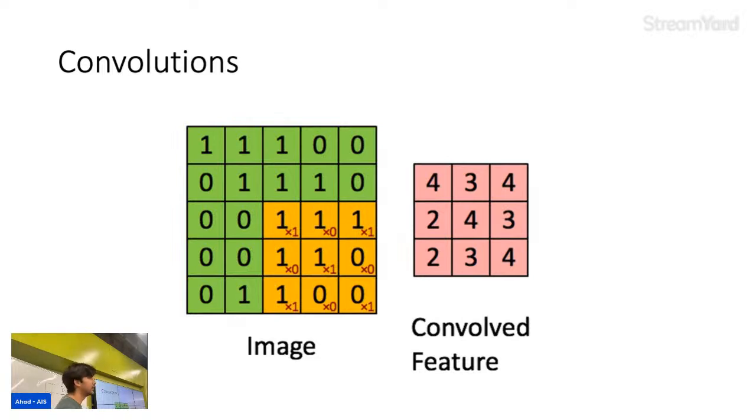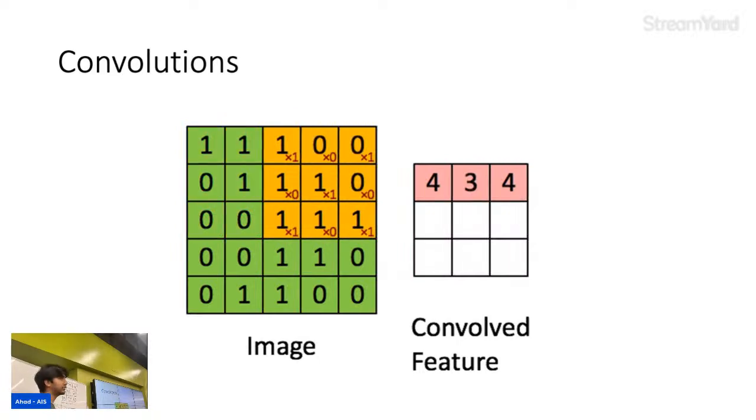Another thing to add on top of that is that we might want to detect more than one feature at a time. So here we have a diagonal matrix. We might want to have a straight line matrix, make it a 9 by 9, so it would be 0, 0, 0, 1, 1, 1.